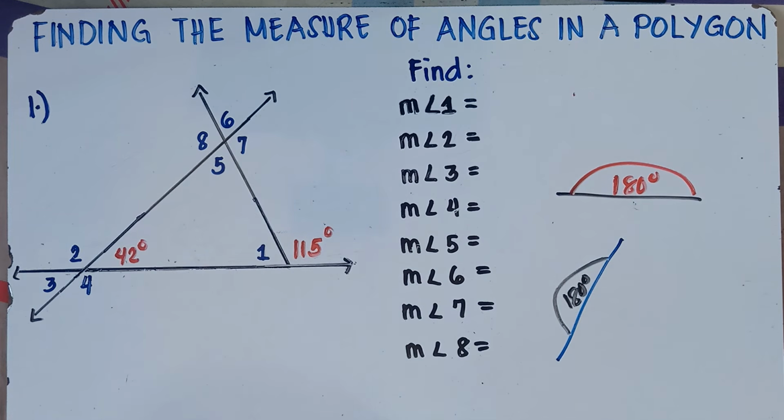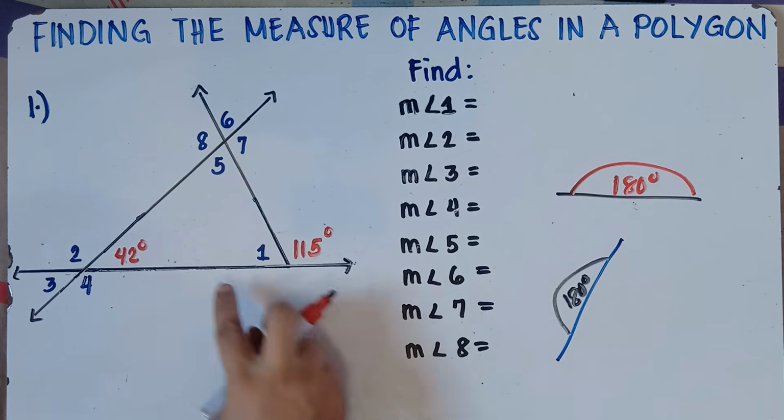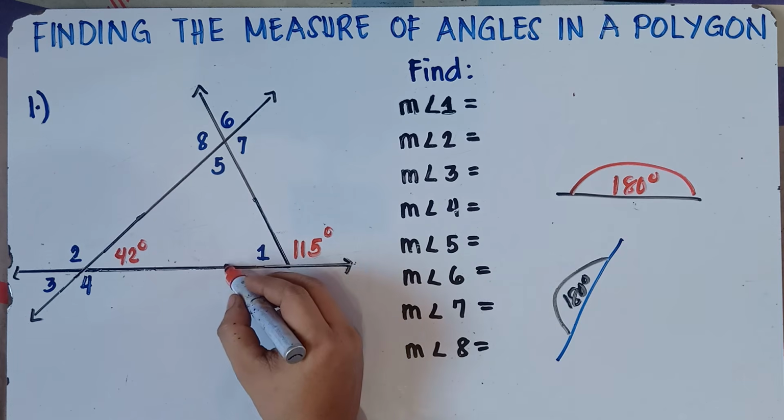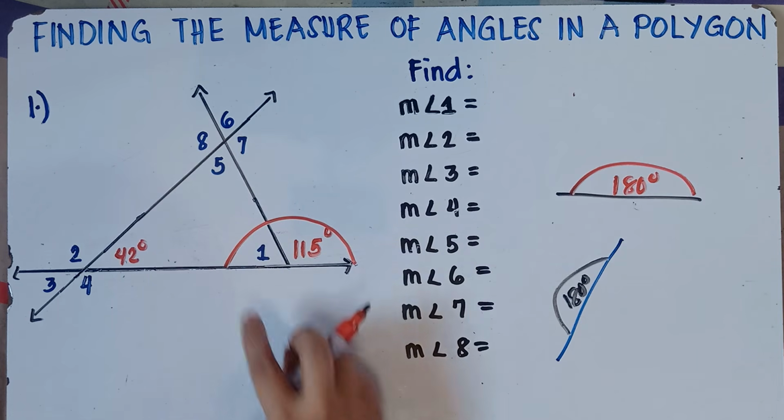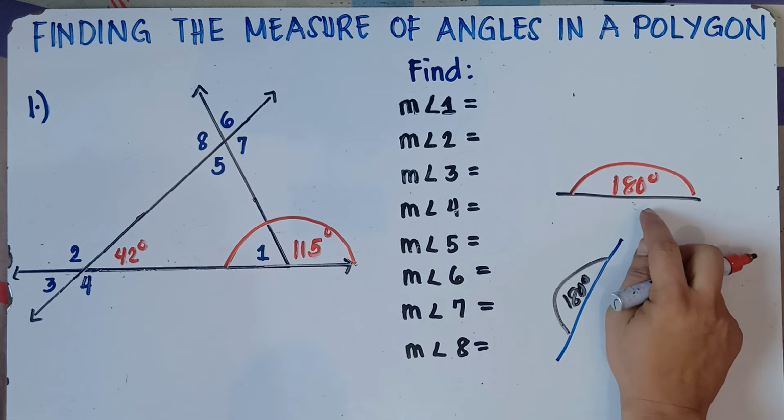Now, based on this given illustration, do we have straight lines? Yup, we do. For angle 1, we can find it because we know that this is a straight line and we can form a straight angle, which is always 180 degrees.